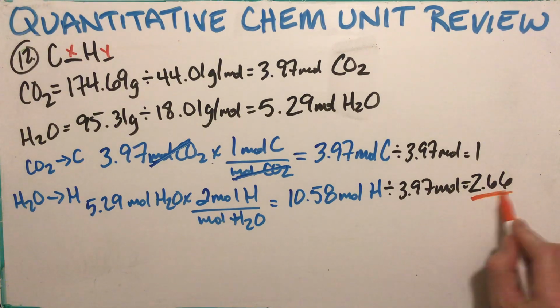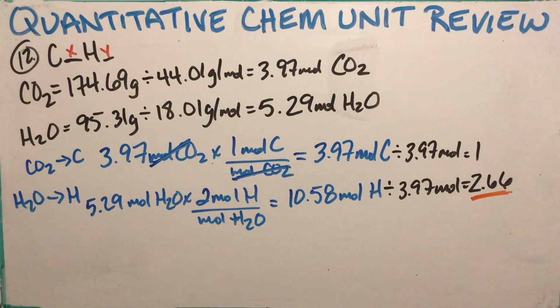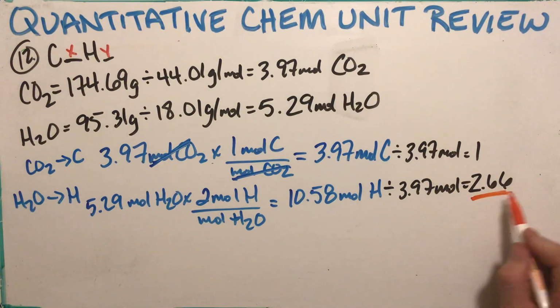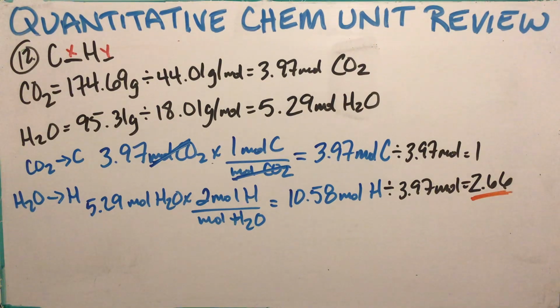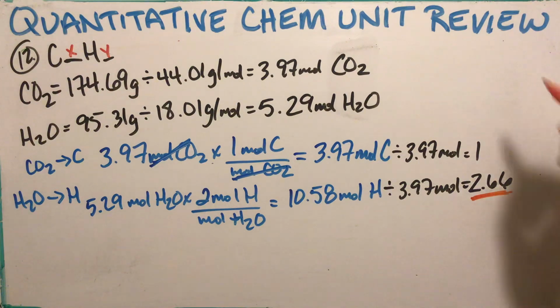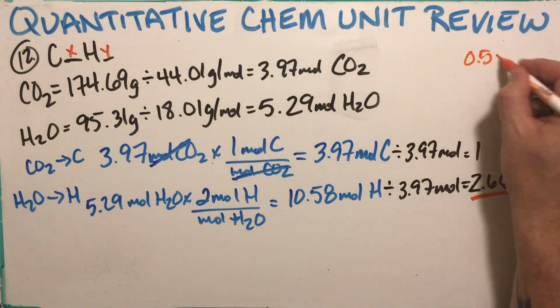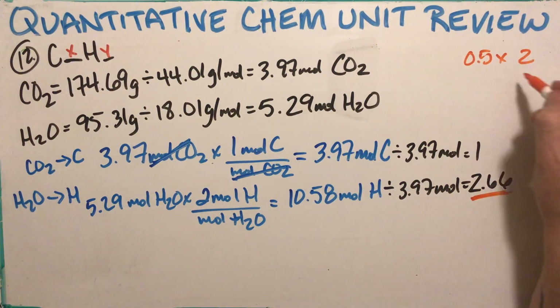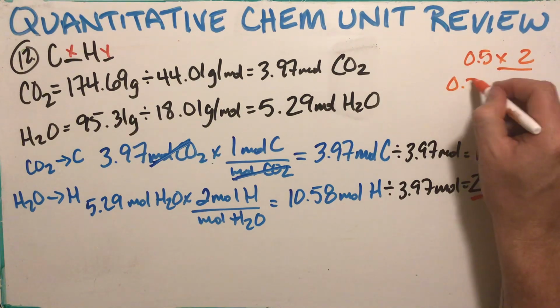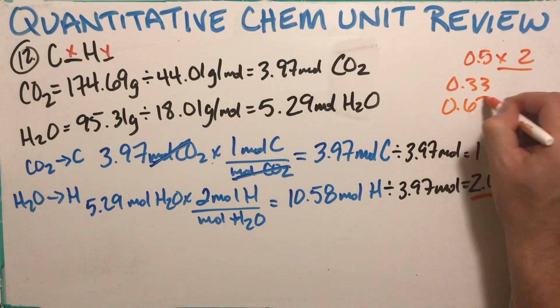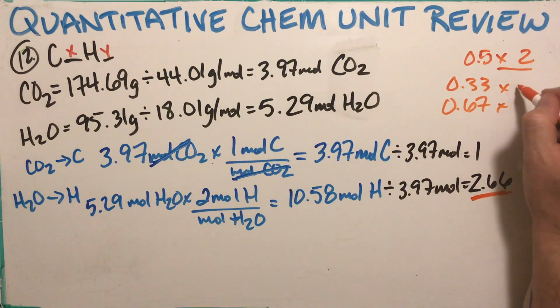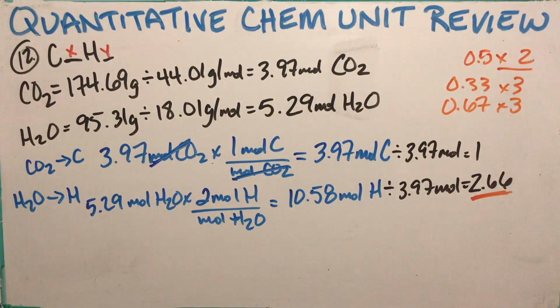Here we've got this. So what do we do when we have 0.67? That's basically what this is, we multiply by 3. Remember, if one of them ends in 0.5, we multiply by 2. If it ends in 0.33 or 0.67, we multiply those by 3.